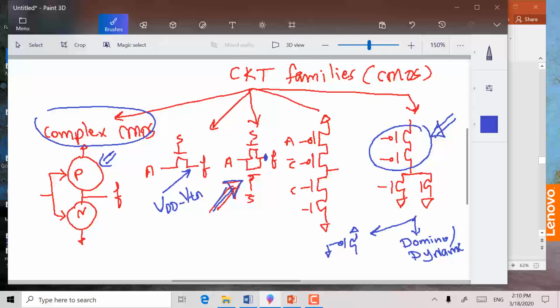The inverting tri-state is excellent at implementing interfaces to shared buses, but it again suffers from weak drivability through these PMOS. So every circuit has its advantages and disadvantages, and really what dictates the most appropriate circuit is the specifics of the design and the constraints of the circuit.